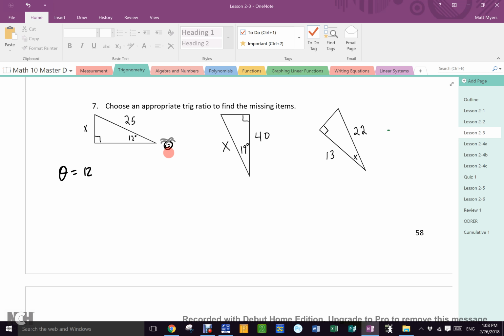Why only the adjacent and opposite? Why are you only allowed to choose the adjacent and the opposite? Not because I told you to. Because in the TOA thing, there's no hypotenuse. You're on the right track because you said the word hypotenuse.